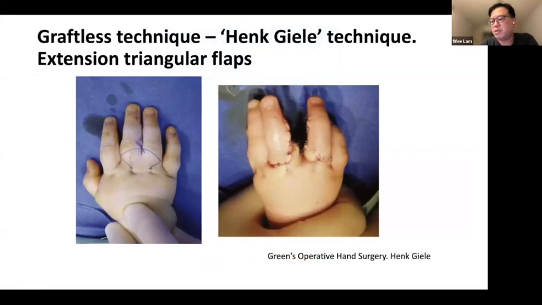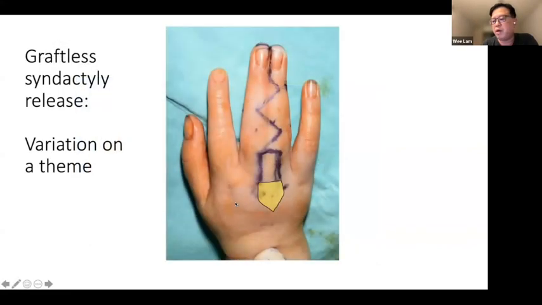This picture is in Green's Hand Surgery. Now, the important thing is to know that this will leave quite a significant scar on the dorsum of the fingers. And I know of at least one publication where the parents do not like this. So we do have to bear this in mind. Anything dorsal on the hand is quite visible in my opinion. And we should think carefully about that.